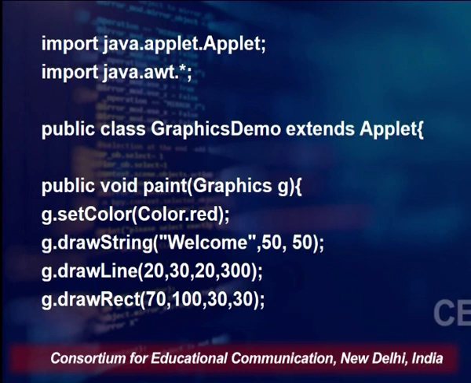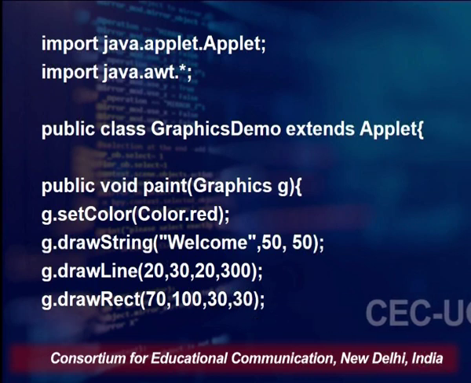That was import java.awt.Graphics because we were just using Graphics. Here maybe some other features can be used, so we can import the whole thing, java.awt.*, and within it a public class GraphicsDemo which is going to extend the class Applet.